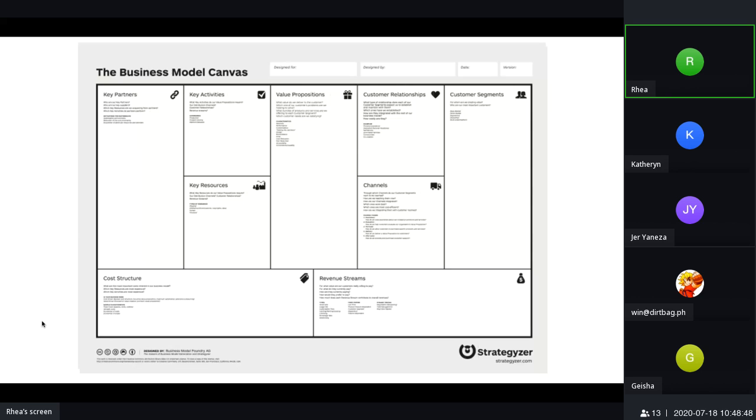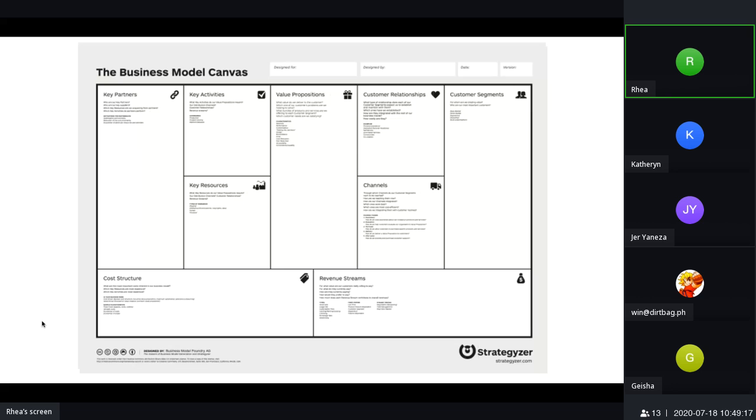We have already emailed you the template as well as brief explanations of those components, so you can start this afternoon until next week, before we revisit you for another online meeting to check your progress in creating your business model canvas.